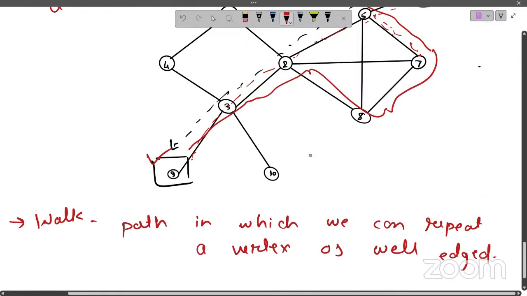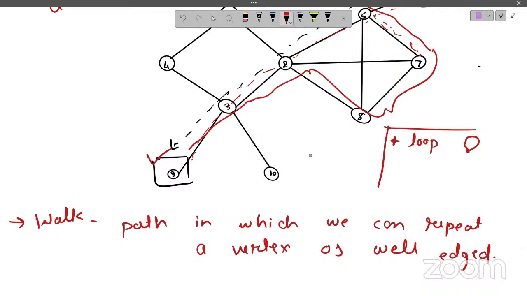One thing I want to make clear is that we never consider loops. For example, in a graph, this is one edge that starts and ends at the same vertex. Loops are basically not interesting, so we say that our graph is always loopless. I won't draw any edge that starts from 4 and ends at 4 itself. And second, we never consider multi-edges.